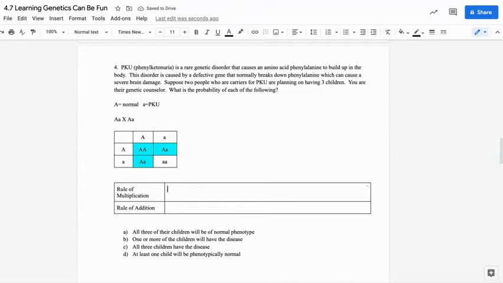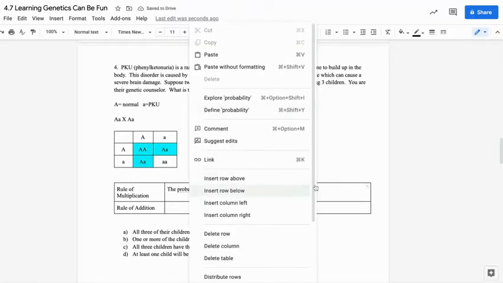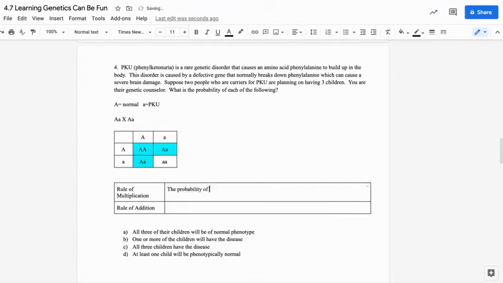The rule of multiplication states that the probability of events occurring simultaneously is the product of their individual probabilities. So I'll explain this in a second.